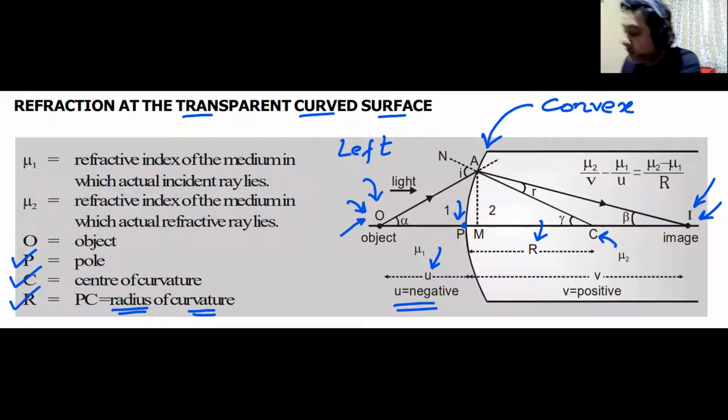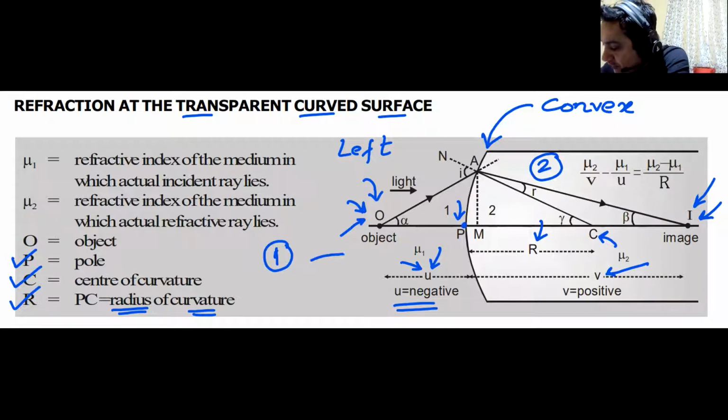Okay. Now you can see U. U is the distance of the object from the pole P, and V is the distance of the image from the pole P. Are you all marking it out? Now, here we have medium number 1 on this side, and medium number 2 on the other side.